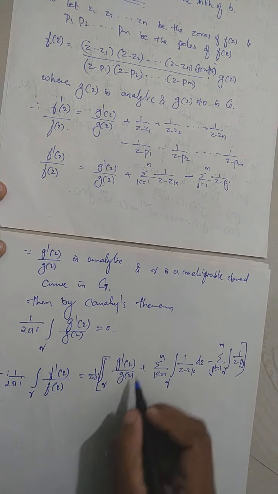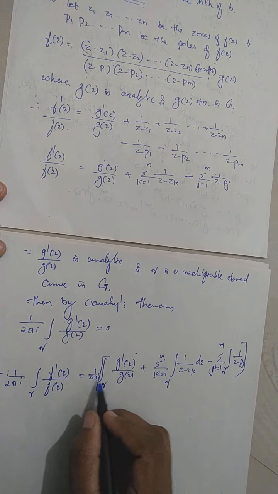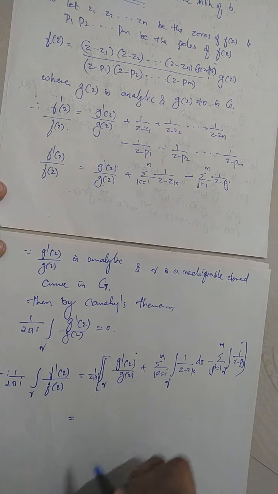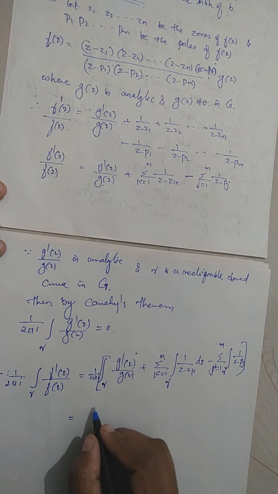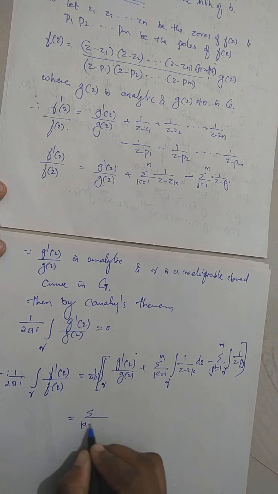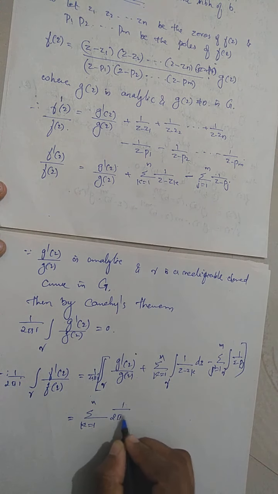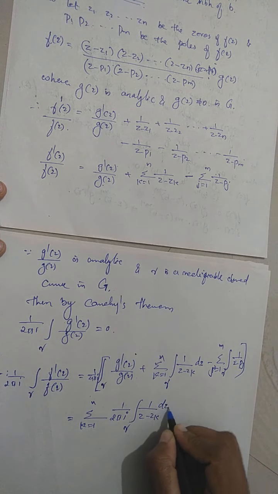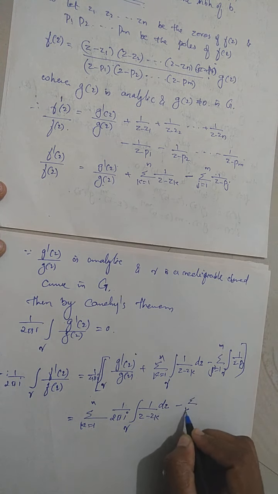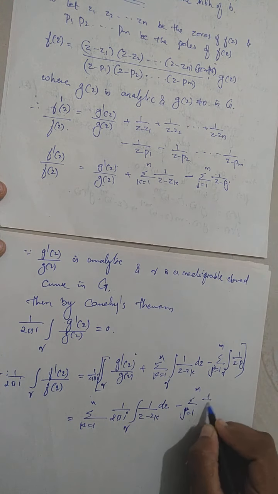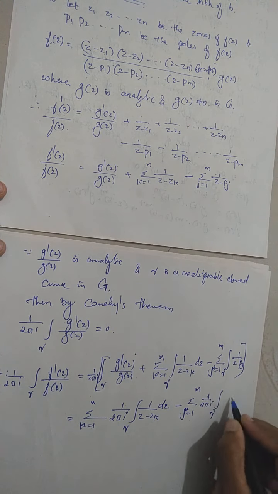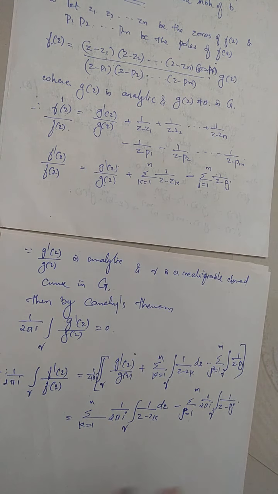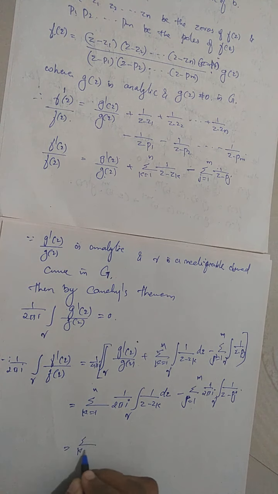Okay. This 1 by 2 pi I is common to all these integrations. We have this first value equal to 0, so it becomes 0. Then we get sigma k equal to 1 to n of 1 by 2 pi I integral over gamma 1 by Z minus Zk dz minus sigma j equal to 1 to m of 1 by 2 pi I integral over gamma 1 by Z minus Pj dz.